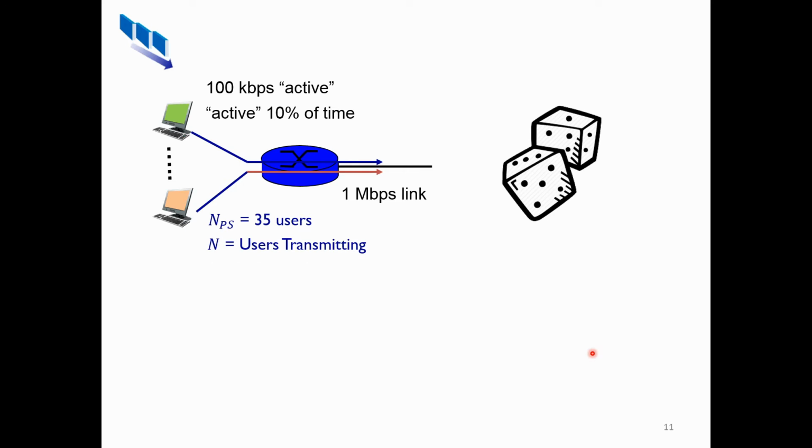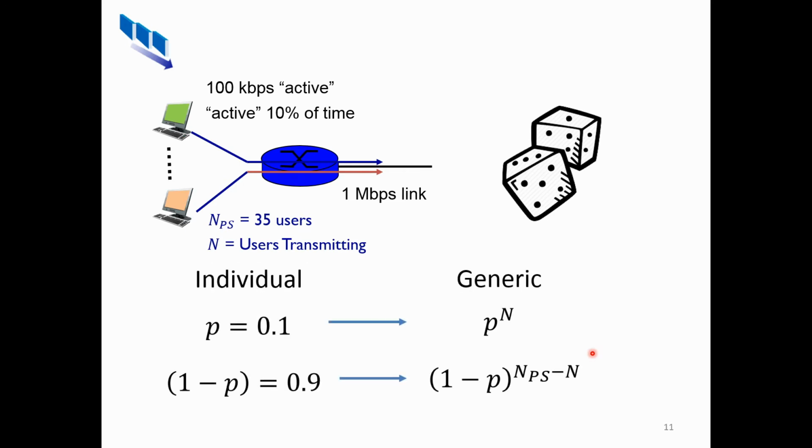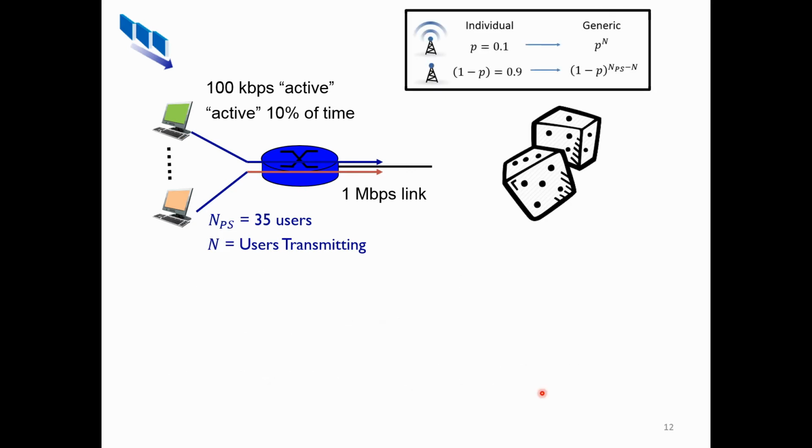In summary, we have an individual probability for one user transmitting and one other user not transmitting, and we have the generic probability for n users transmitting and all other users not transmitting. I'm going to keep those probabilities in the top corner because they are going to be useful in a minute.